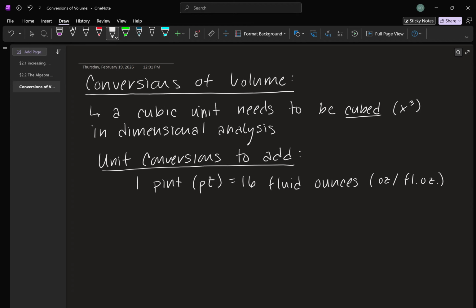But if it's clear that what you're talking about is volume, you can just use the ounce notation. 1 quart, abbreviated QT, is 2 pints. 1 gallon, abbreviated GAL, is 4 quarts.